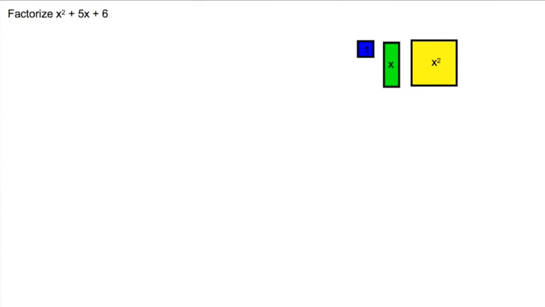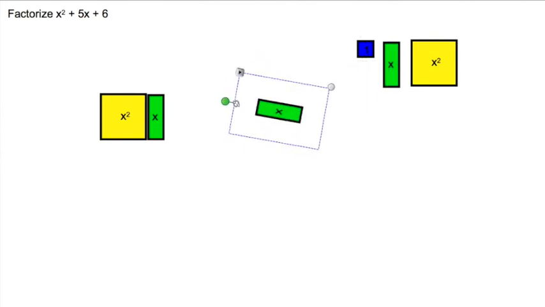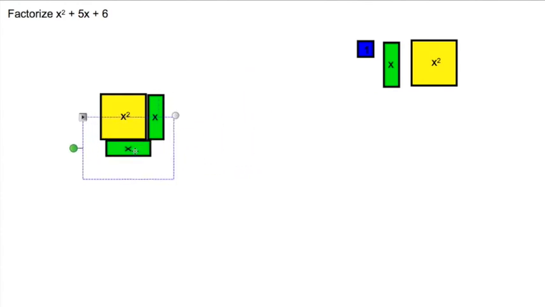Anyway, let's take a look, for example, using algebra tiles, at what x squared plus 5x plus 6 looks like. First, I'm going to go ahead and model that with these tiles. So let's see, there's x squared, now plus 5x. So there's 1, 2.